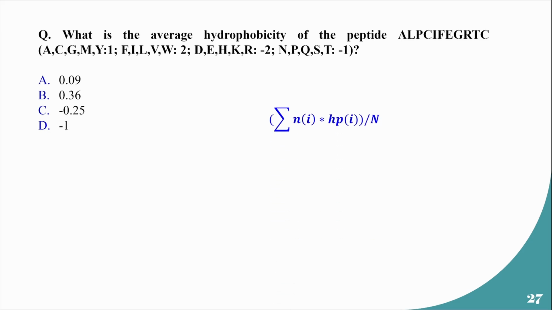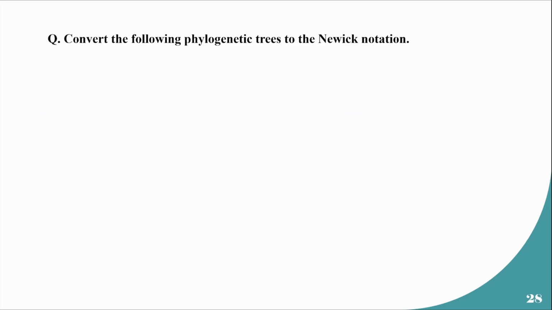If you are given these kinds of values, you put how many of a particular amino acid are present, times their hydrophobic value, sum all of that up and divide by the total number. In this case, it will give you 0.36. So you can solve those numeric questions very easily.